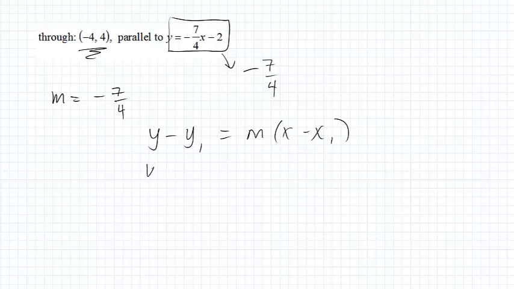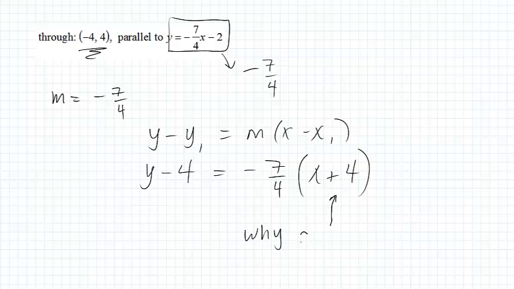So I'm going to say y minus 4 is equal to negative 7/4 times x plus 4. I want you to think here, why does that become x plus 4?